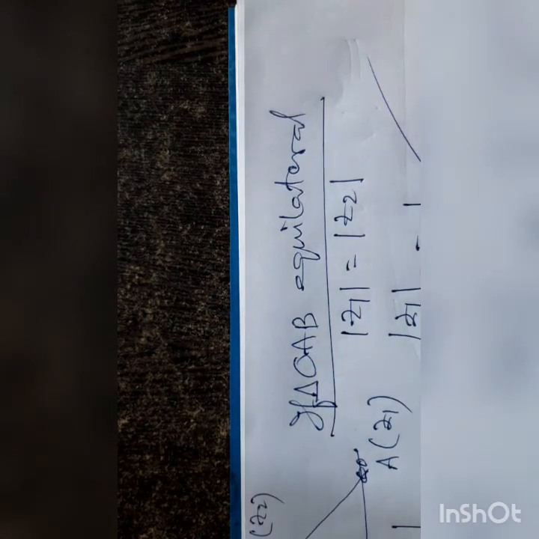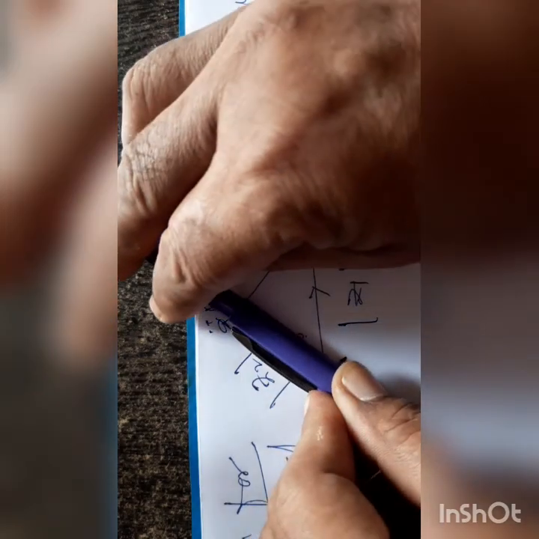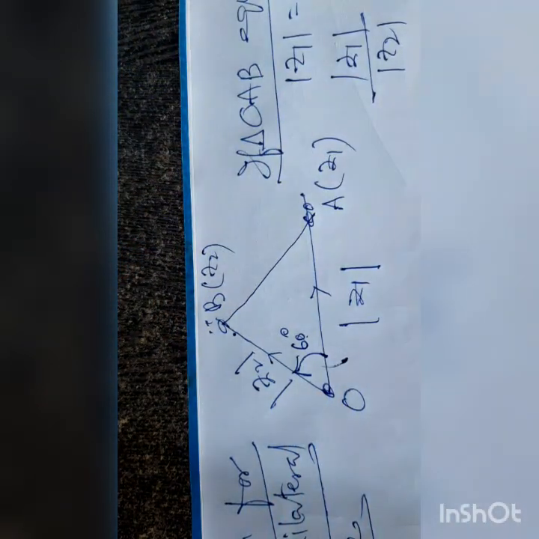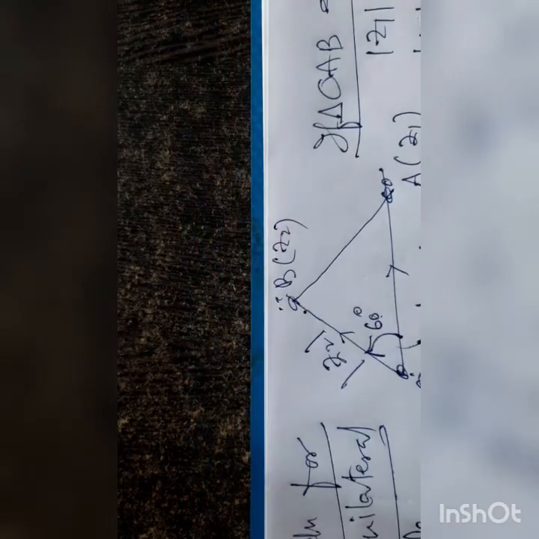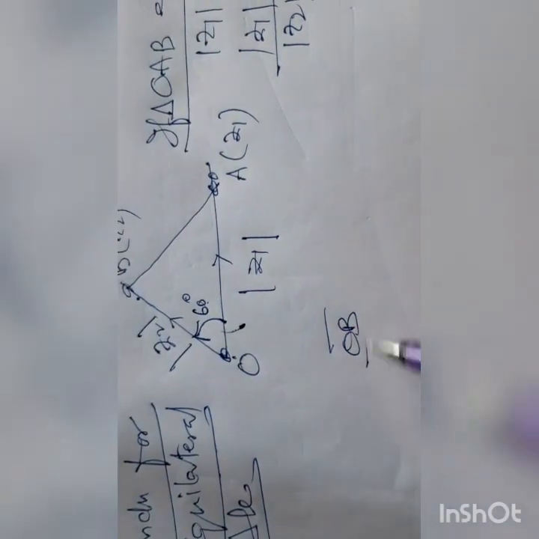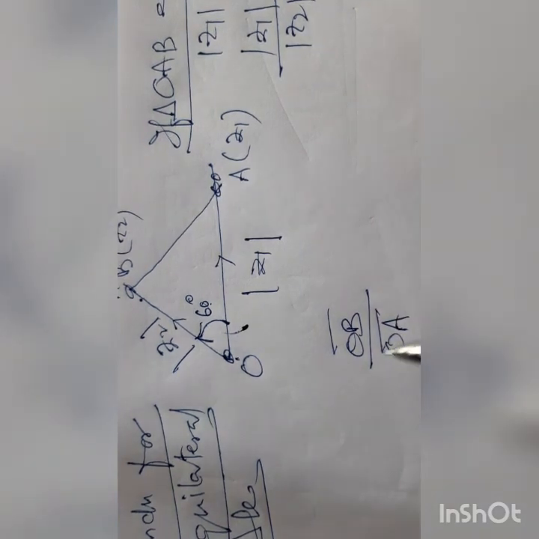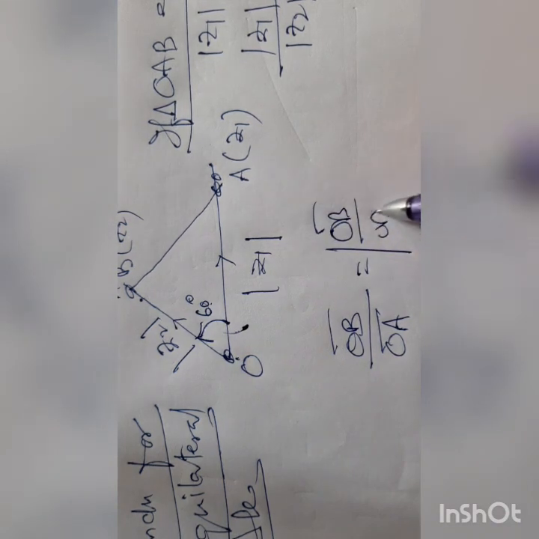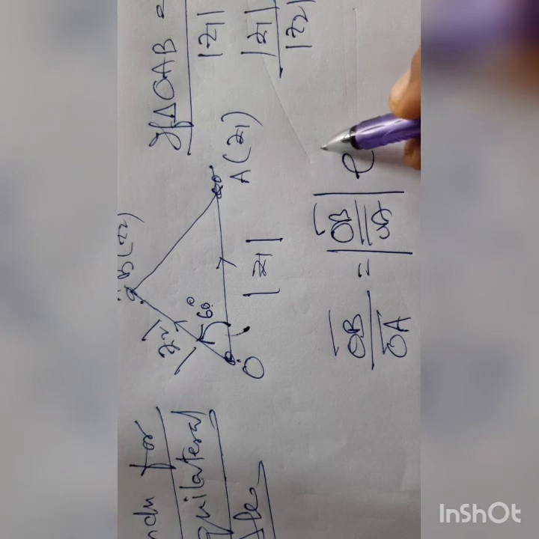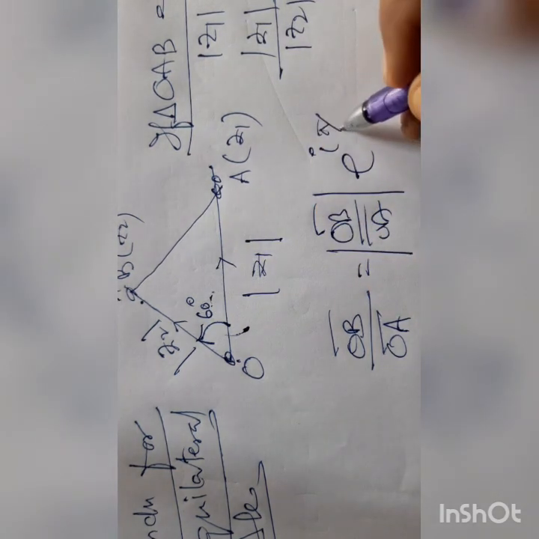Because this is an equilateral triangle. So for this, what I told, this one turns like this, then it will be OB bar by OA bar. I told you, OB bar by OA bar equals mod OB bar by OA bar e power i 60 degrees, pi by 3.